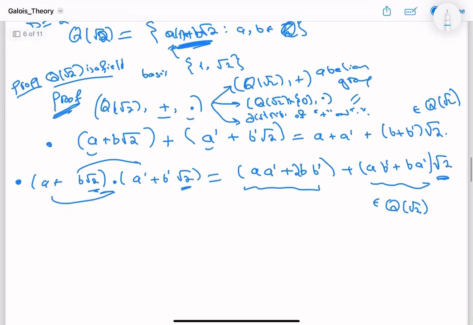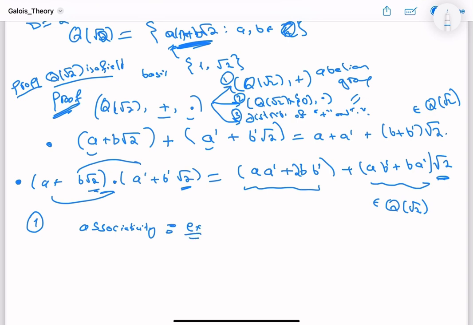Okay, so now that we have a set with two binary operations, let me denote these: this is 1, 2, 3. Proving 1 would be easy. I'm going to leave associativity as an exercise for you.